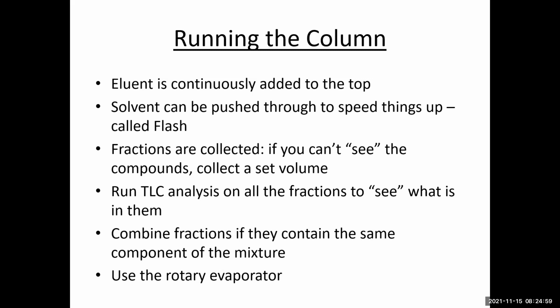Sometimes nothing but solvent is in those fractions, especially initially, before the compounds have had a chance to make it to the bottom of the column. Very likely the only thing coming out of the column is just solvent, so there's nothing of interest in that particular fraction. That's normal. So if you're doing TLC and you see the initial two fractions don't have anything in them, no spots, that's very normal, okay?